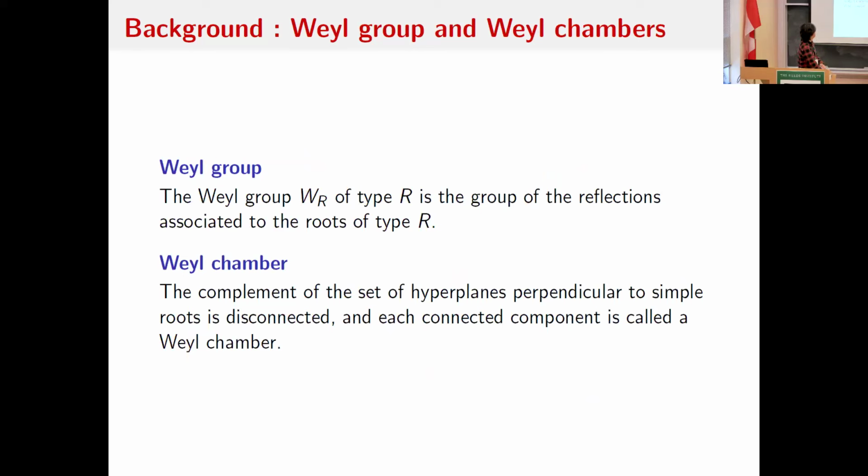This group is called the Weyl group, and the set of hyperplanes perpendicular to each root separates the Euclidean space, and each connected component is called a Weyl chamber.